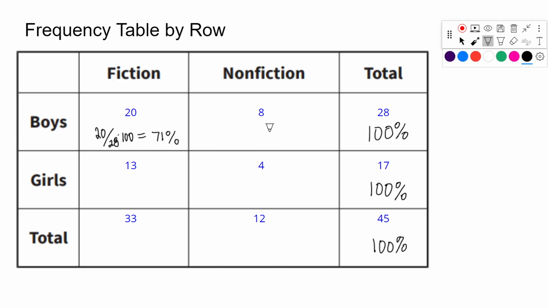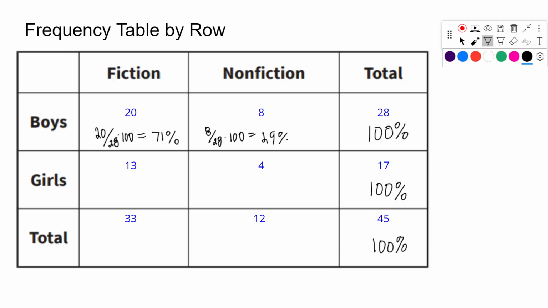Now we should end up with 100 minus 71, or 29% of the boys prefer nonfiction. So I'm just going to double check that with 8 divided by 28 times 100, and we get approximately 29%.